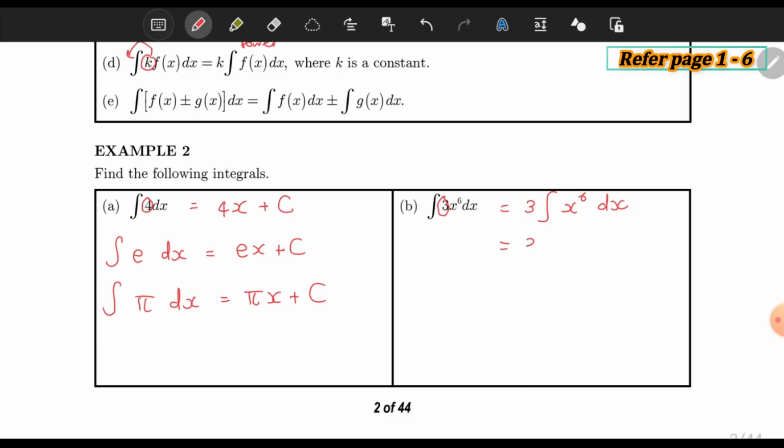So we write 3 the constant times x, increase the power by 1, x power of 7, divide by the new power 7, plus c, or 3x power of 7 divided by 7 plus c.